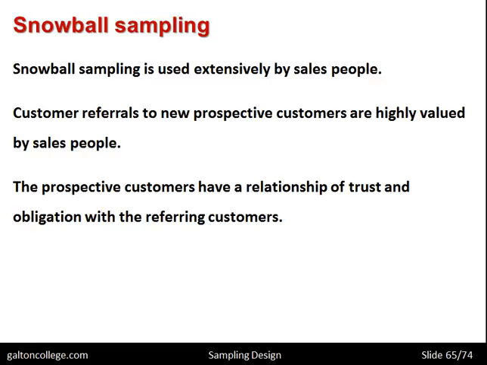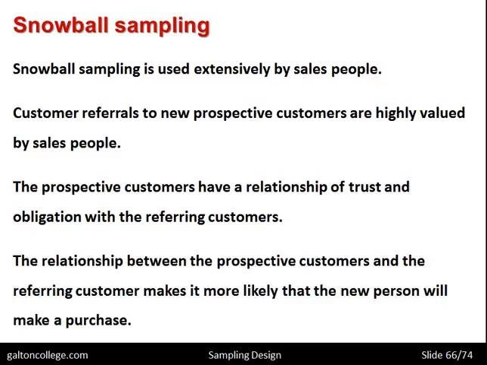So if a customer buys a television in a shop and then refers the shop and recommends the shop to their friends who are prospective customers, the prospective customers are more likely to use that shop because they trust their friends. The relationship between the prospective customers and the referring customers makes it more likely that the new person will make a purchase.